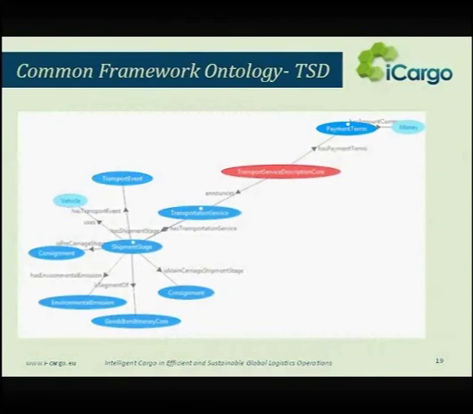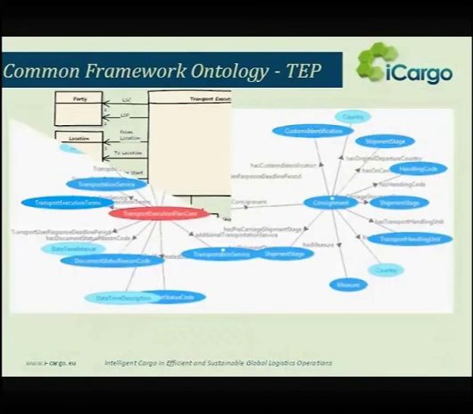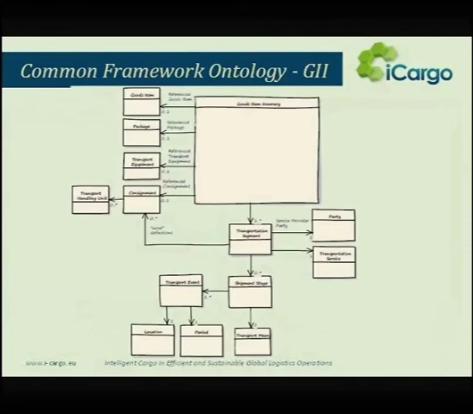In this case it is for the transport service description message. The same has been done for the transport execution plan, which makes reference to different elements such as transportation service, the contract, the consignment, the different shipment stages, and so on. And this is how the ontology has been formalized attending to such a model.